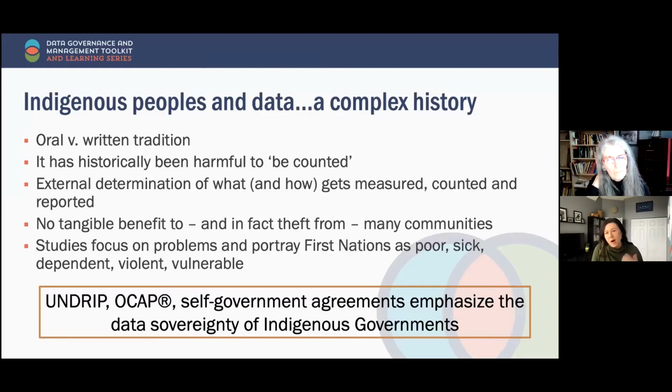So, our cultures come from primarily an oral tradition. And the process of colonialism introduced this written tradition and framed that as being superior to oral histories. We're coming from a very different paradigm and way of thinking about what data is and how you pass on and transmit data.